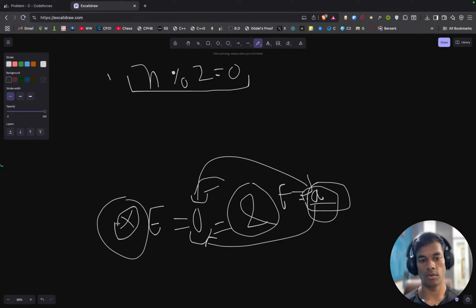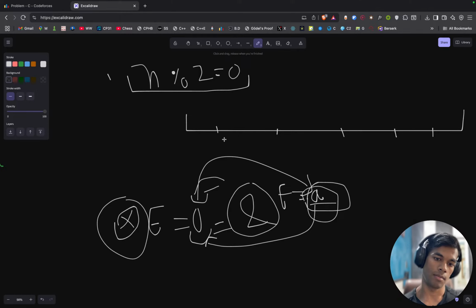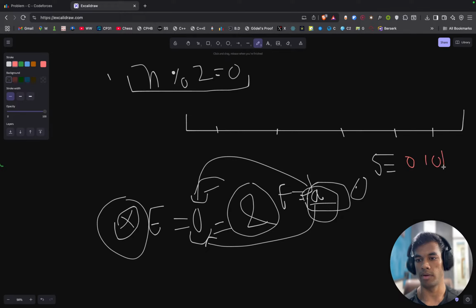I have an even number of places in my array, right? To make some number 0 by taking AND, let's say I have a number 5, and 5 equals 101 in binary.